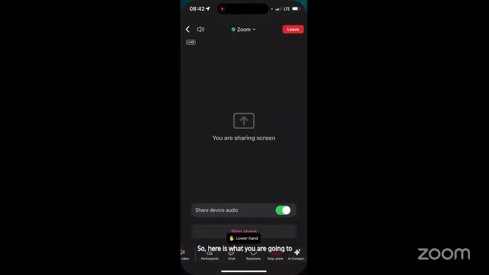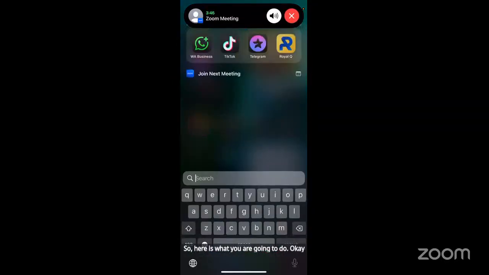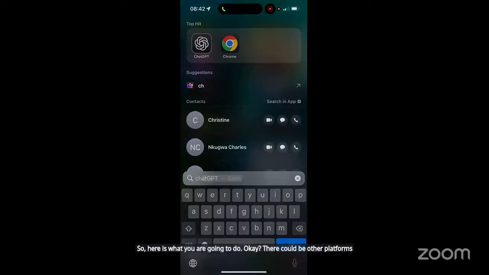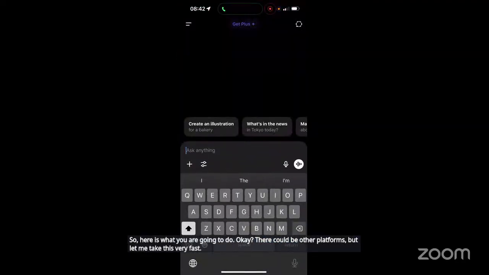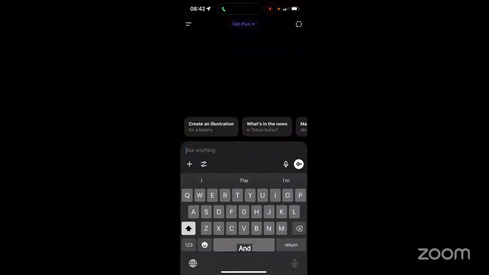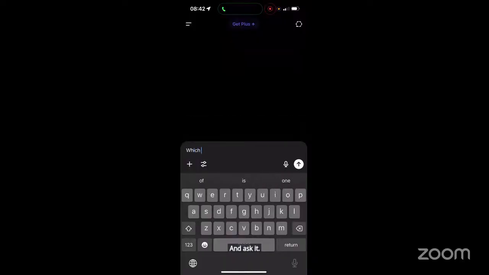Let me conclude very fast, okay? So here is what you are going to do. There could be other platforms, but let me take this very fast. Come on ChatGPT and ask it which crypto has more volume that I can trade today.